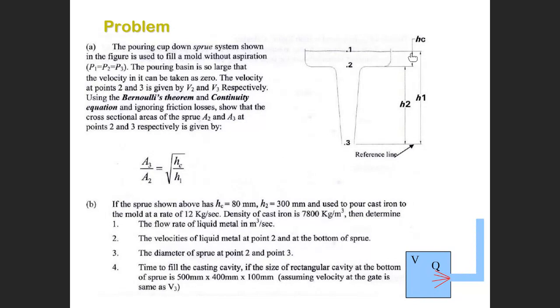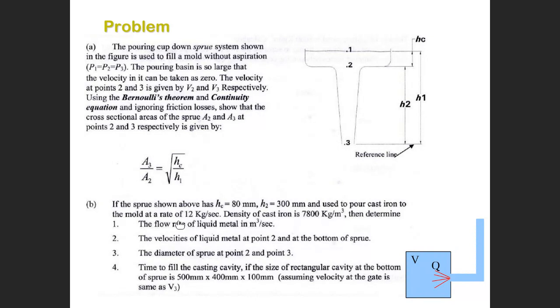This head equal to 80, which is the head for point 2. H2 equal to 300, this one. This means H1 equal to this one plus this one, which is 80 plus 300, 380. The head of point 3 is 380.